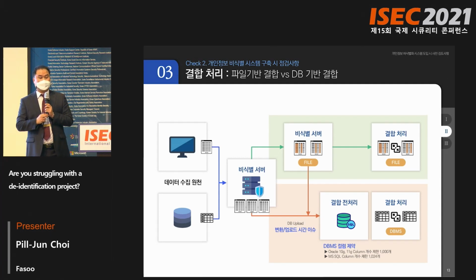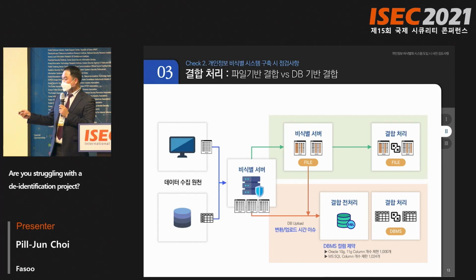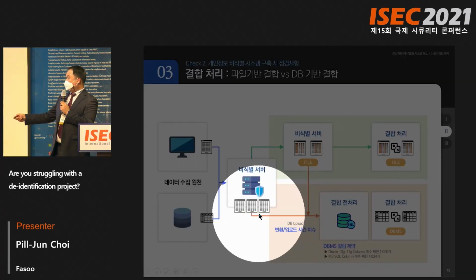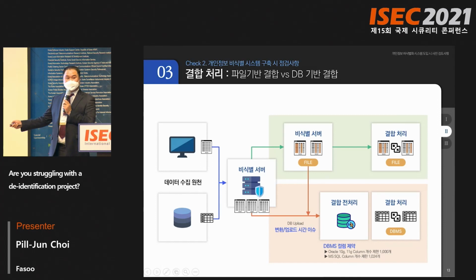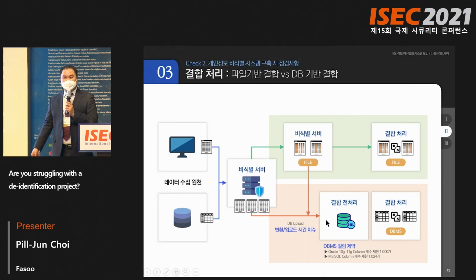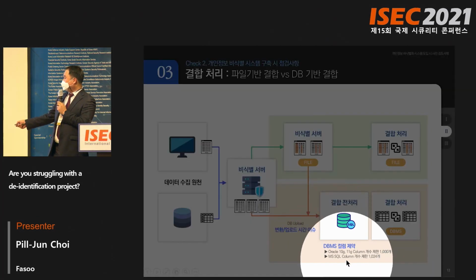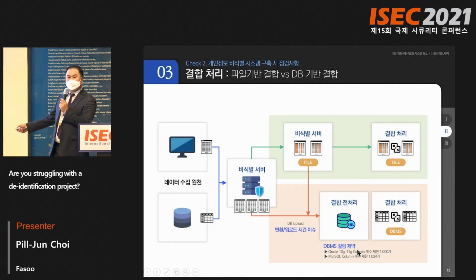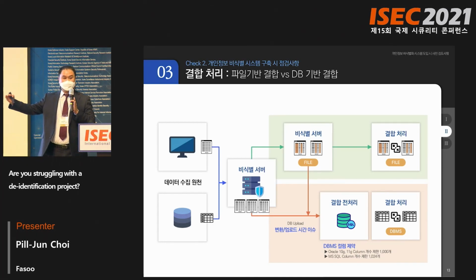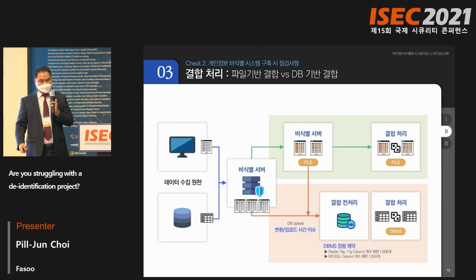if you process for combination with a database, sometimes you are faced with two problems. When you upload the file, you need a certain time. The collected data are files, so you have to parse and upload and insert certain types of data sets. It's a problem if the file size is too big, and the RDB has some limitations, like Oracle 10 GB, and the column number is limited to 1000.